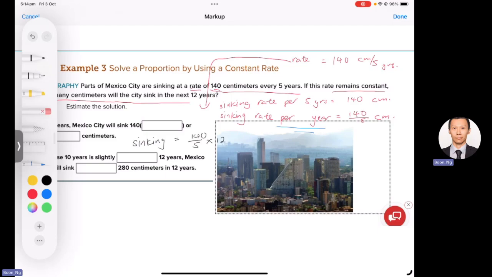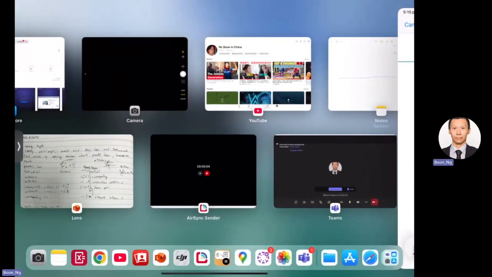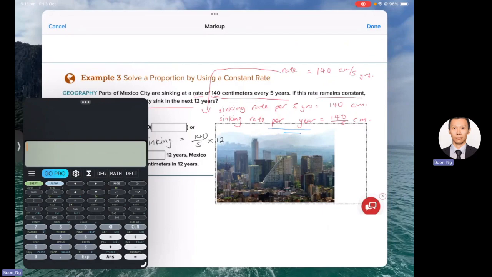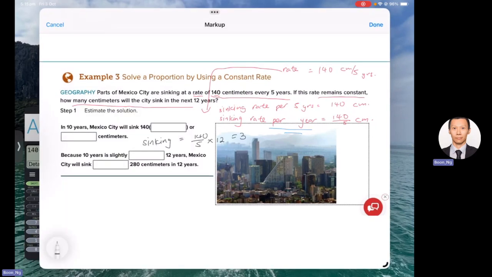If you use a calculator, 140 divided by 5 times 12, you get 336 cm.